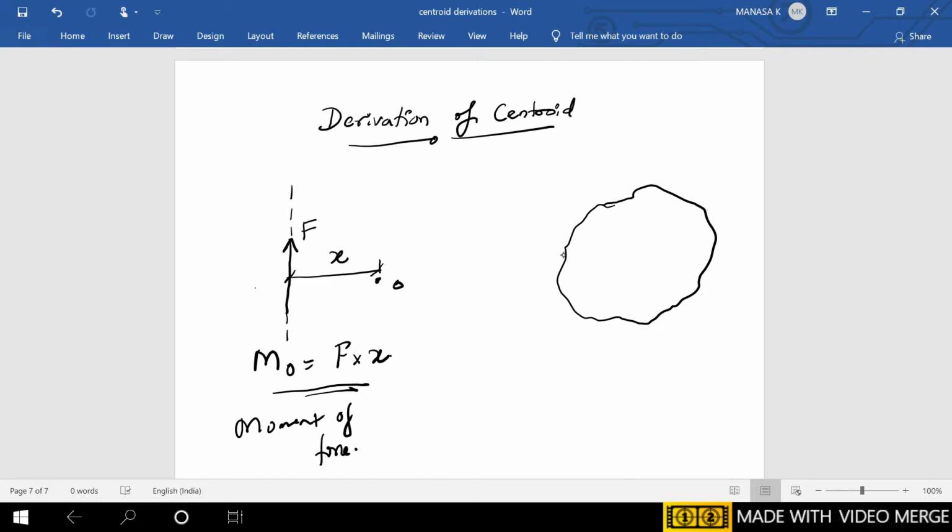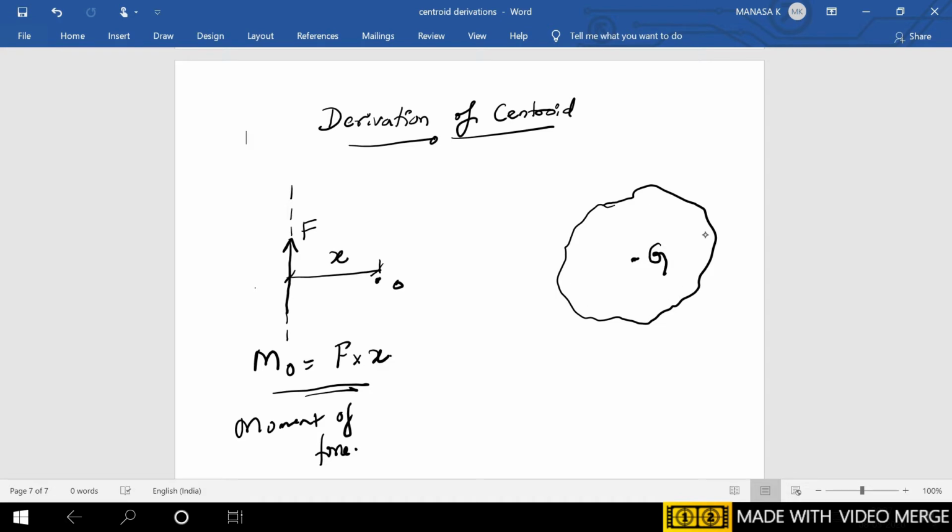So you can't take this entire area into consideration. I have to get a single point within the area. So a single point within the area can be taken as a centroid, where the definition of centroid is that the entire mass of the area is concentrated at a particular point. Let us say this is a point which is considered as centroid or G.